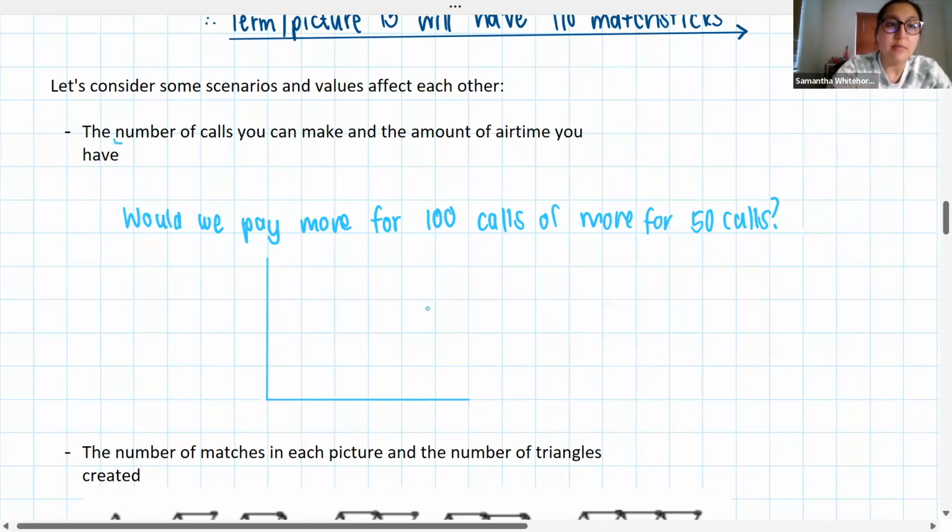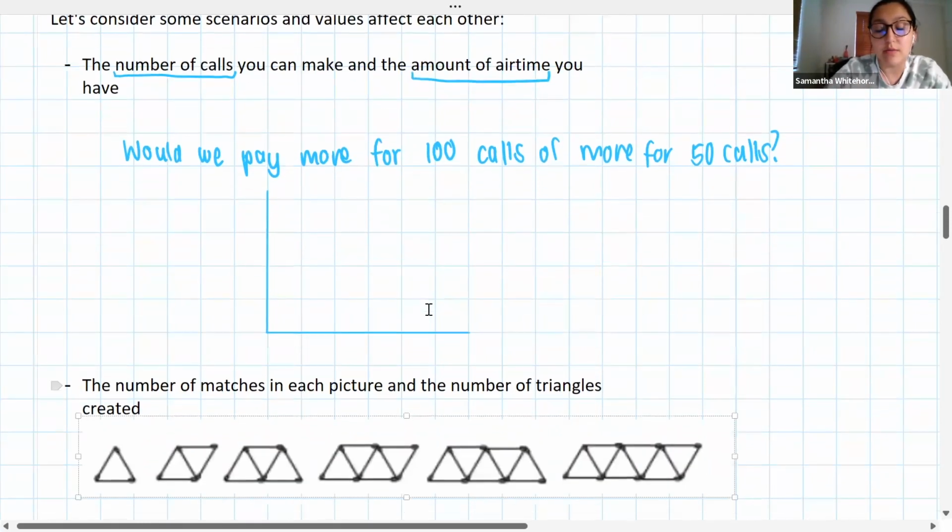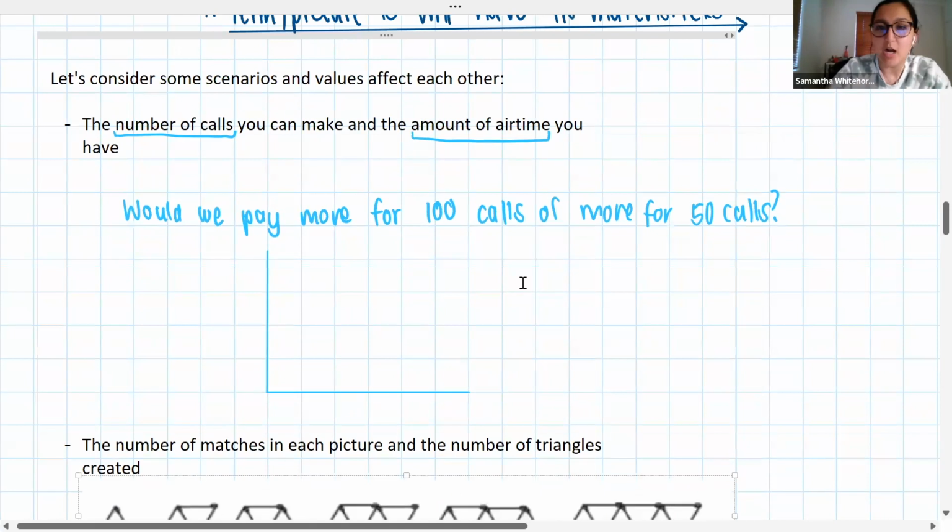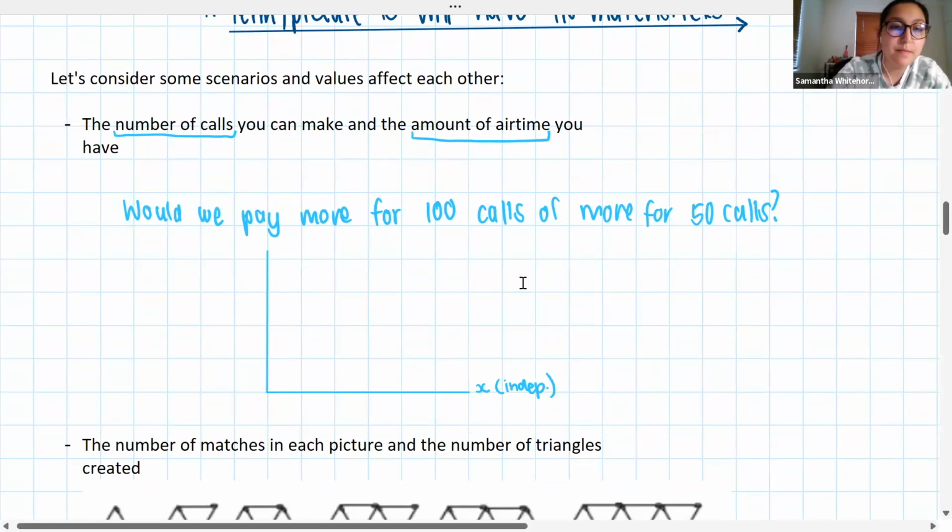We have the number of calls that we make and the amount of airtime. We need to decide which should go on our x-axis, which remember is our independent variable, and which should go on our y-axis, which remember is our dependent variable.